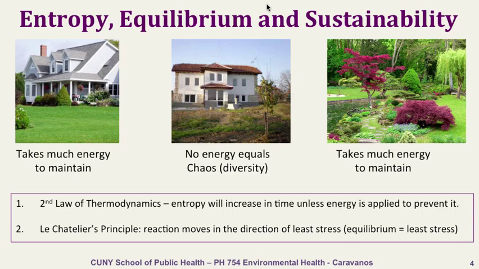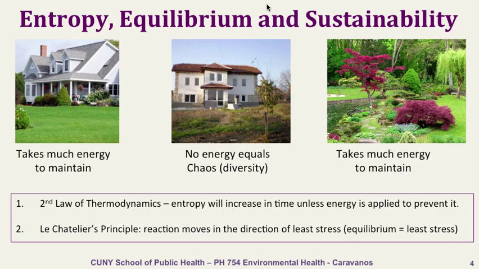Whether it's people on a subway who migrate to low density parts of a subway car or a train station, or whether it's food sources moving in the direction of less stress, or people moving in the direction of less stress. What's happening with the migration of people out of certain countries is an example of Le Chatelier's principle. There's a lot of stress. The only way to remove it is to leave.